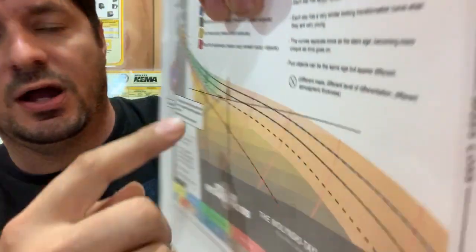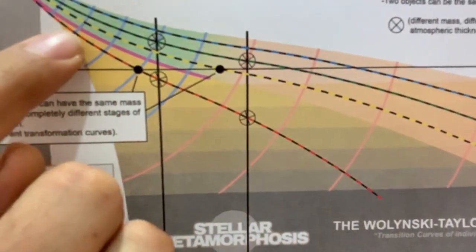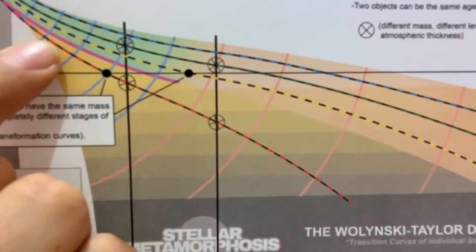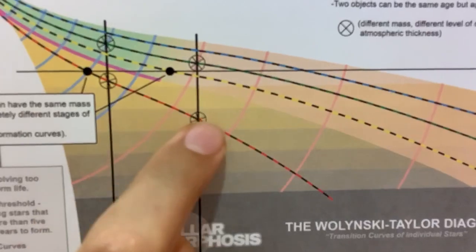Quickly, number 8, the term hot Jupiter can be a star that is getting ripped apart by a hotter host. Hot Jupiter would be a good example of a star that is moving on a faster transformation curve. So hot Jupiter could be a star that moves way down here on this red curve and just gets blasted by a host, so it evolves really fast and becomes nothing significant because its atmosphere is ripped away.